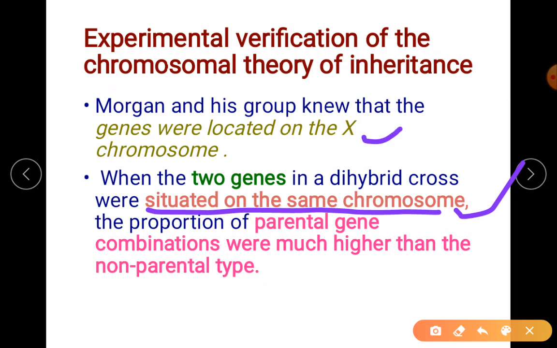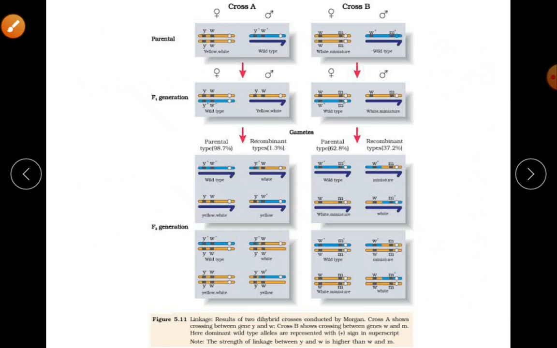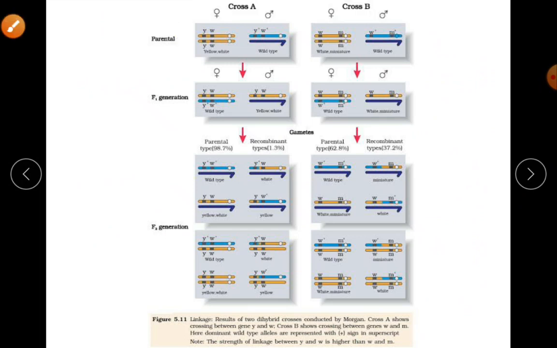So what does it show finally? In the F2 generation, he said the parental gene combinations were much higher than the non-parental combinations. You will understand what parental and non-parental mean. He described this, let me show you this picture here. You can see the yellow and white here.